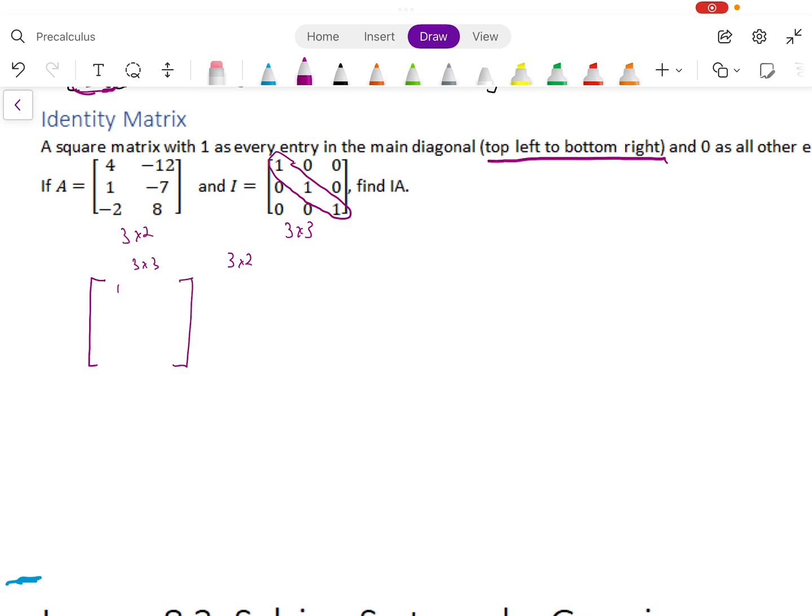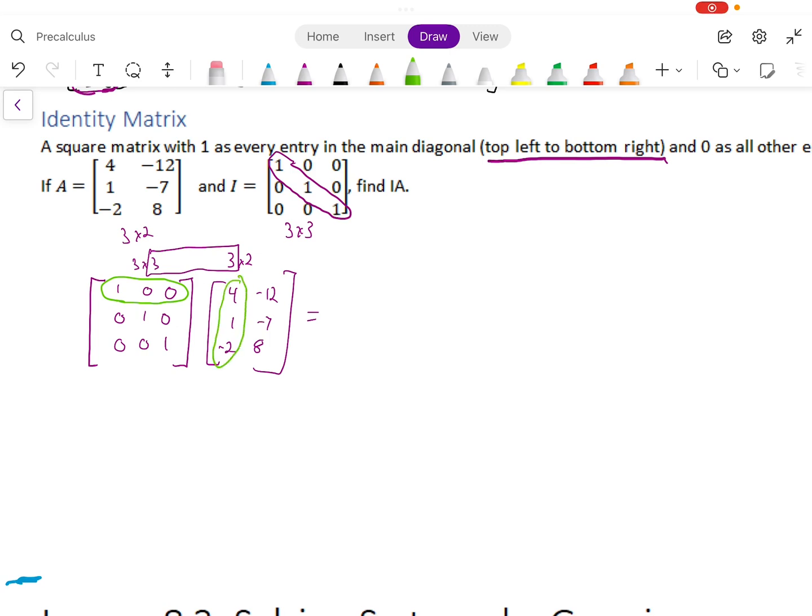So there's I, here's A. We can multiply them, and our answer should be a 3 by 2. So here we go. First row times the first column. We'll get an answer here.